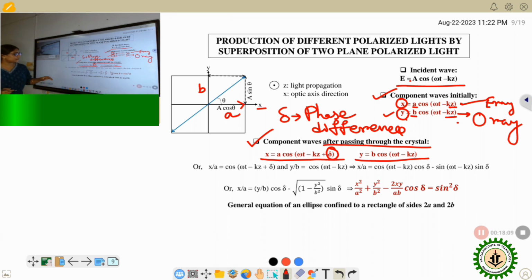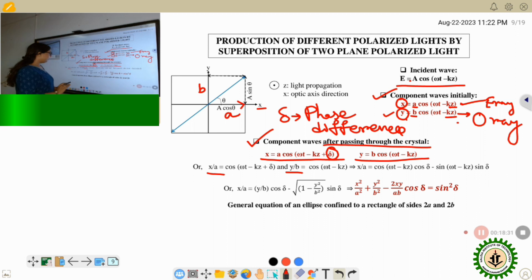Now we have got two equations, and from here, simply using algebra, we can get x by a equal to cos(omega t minus kz plus delta) and y by b equal to cos(omega t minus kz). Now we will use this x by a and expand the cos term, that is cos(a plus b) equal to cos a cos b minus sin a sin b.